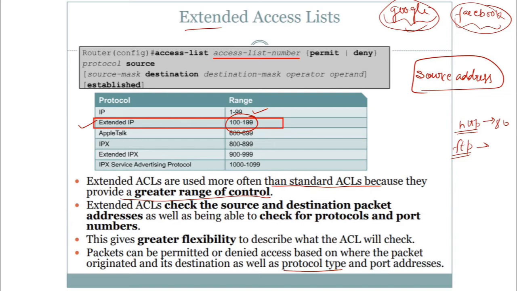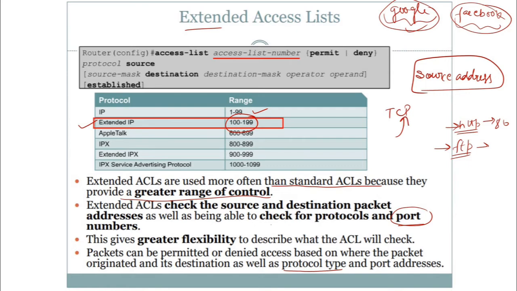Extended ACLs check the source and destination packet addresses, as well as being able to check for protocols and port numbers. So that's what I was talking about, the port numbers. I was discussing protocol number, but that's actually port numbers. This HTTP port number is this, and the protocol number, we talk about TCP as the protocol, right? So that is the TCP protocol number.